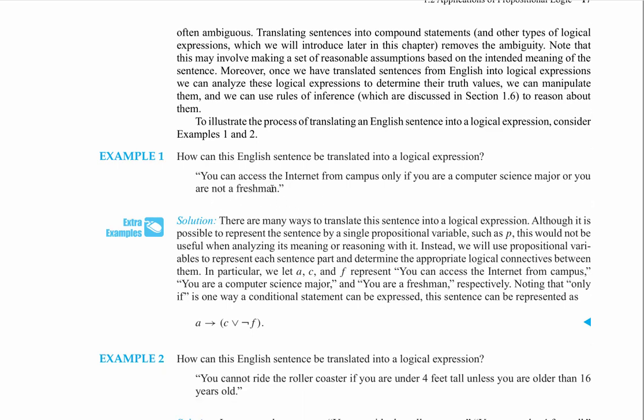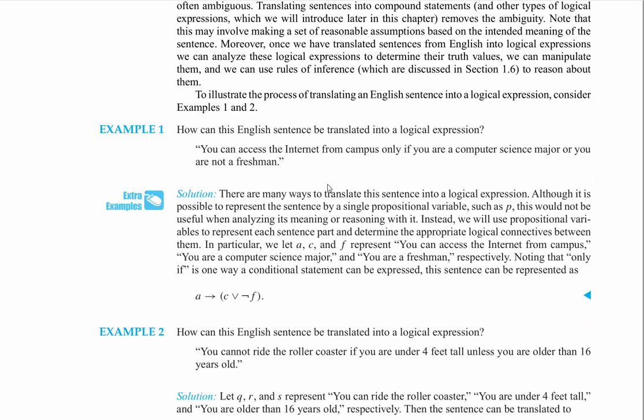This example: you can access the internet from campus only if you are a computer science major or you are not a freshman. Right, so we see the operations, only if.